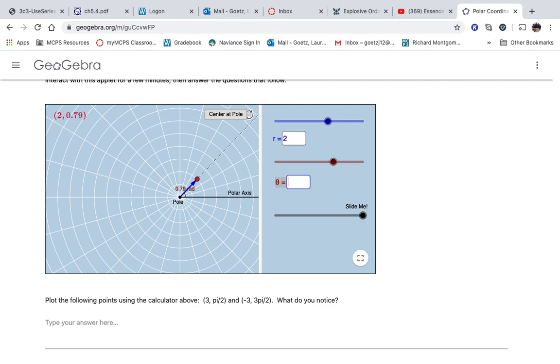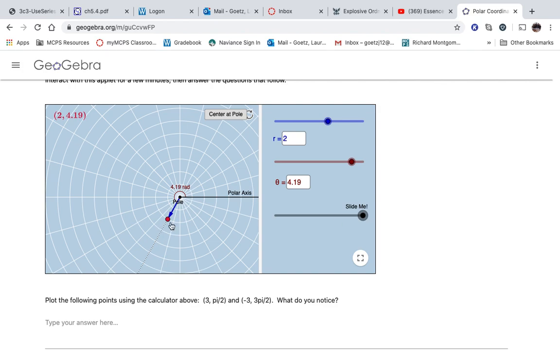Third quadrant, so 4 pi over 3, I think. So notice again that it's going to radiate from the pole and the counter from the polar axis, positive polar axis there, and then out becomes the radius to the circle 2. Right, and I think that's what we had, if I'm reading my notes correctly.